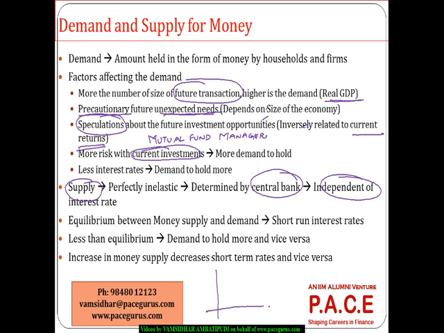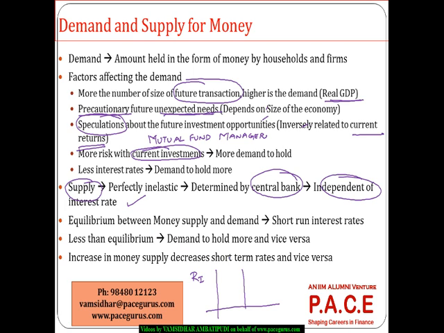Whatever the interest rate may be, it is going to supply the same amount of money. The real interest rate, whatever it is, the money supply is going to be the same, which means the supply curve is perfectly inelastic, or perfectly vertical. It is completely independent of the interest rate.